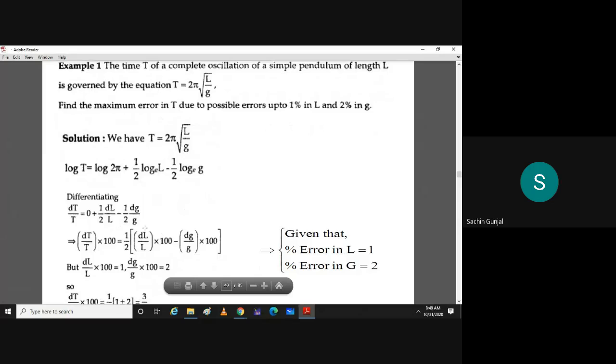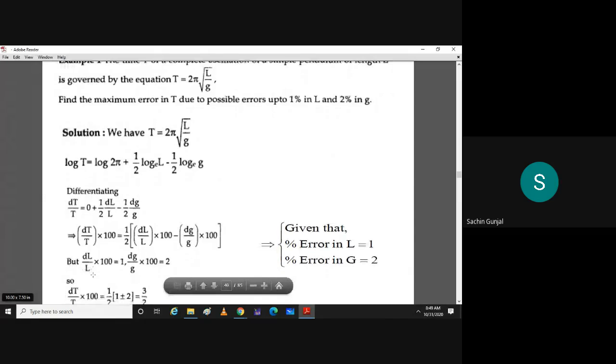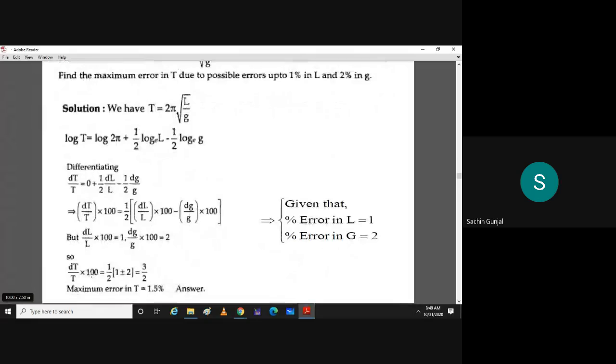Now dL by L into 100 is 1, because percentage error in L is 1. And dG by G into 100 is 2. That is given. So dT by T into 100 is equal to 1 by 2 into 1 minus 2.